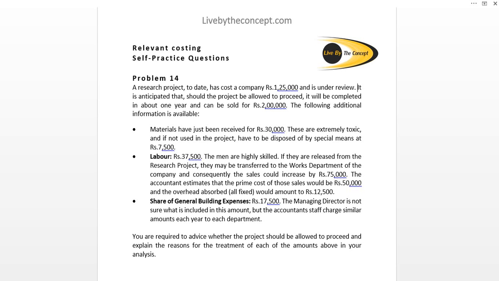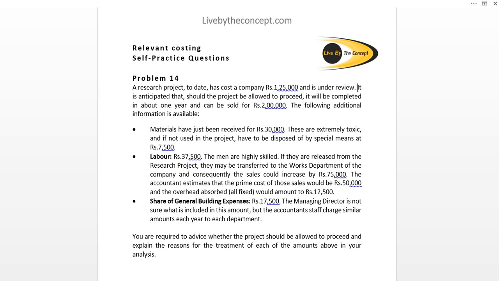So what I'll be having is the contribution of 25,000 if I am not going for the research project and the labor are utilized for the works department. Now if the labor are used in the research project, then it's not possible for me to have the benefit of that 25,000, and that is how I'll be losing 25,000, that is loss of contribution. Now here we are supposed to calculate the opportunity cost.